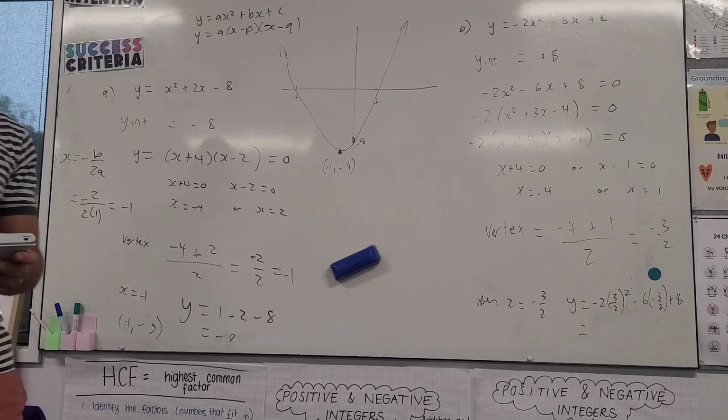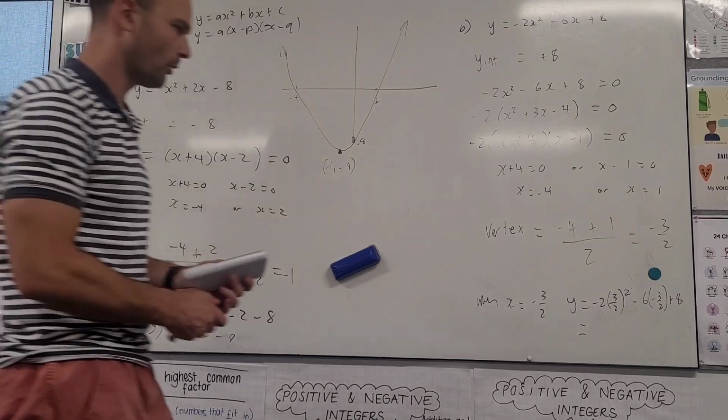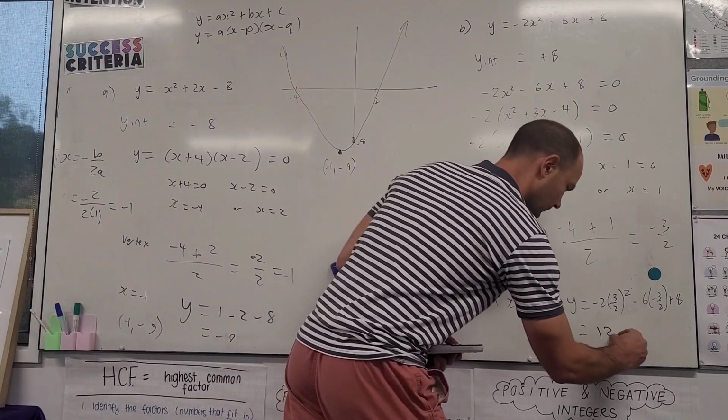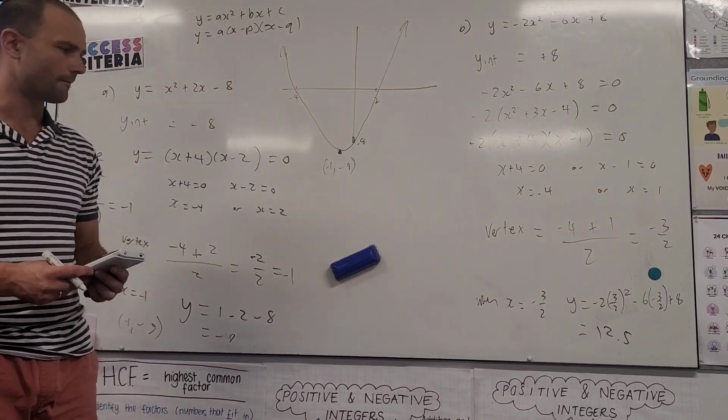And the vertex is occurring at minus 1.5, minus 3 on 2, and the y value is 12.5. Okay, if we process all of that, we get positive 12.5.